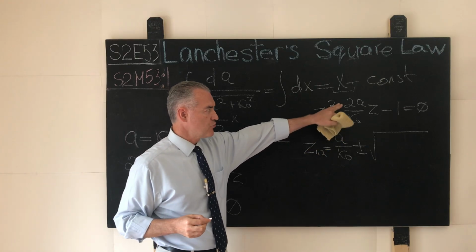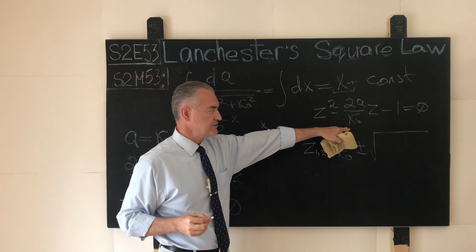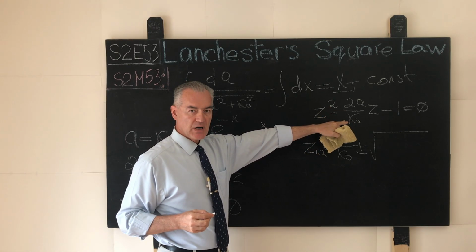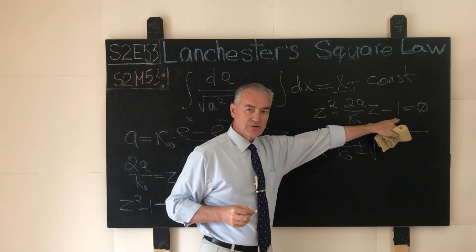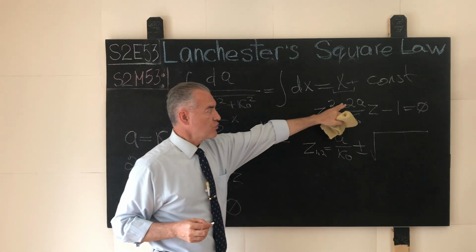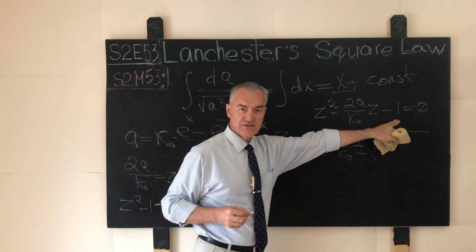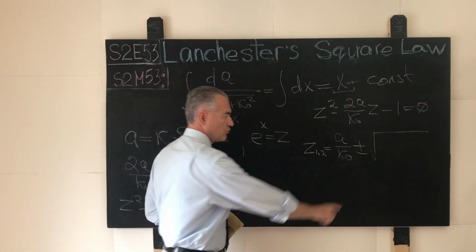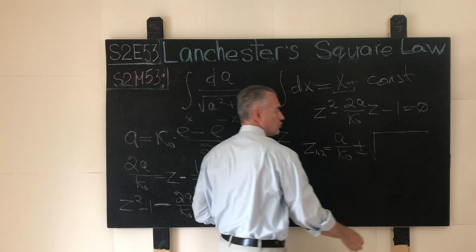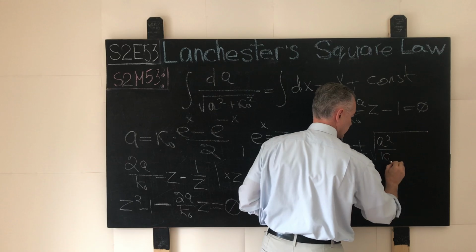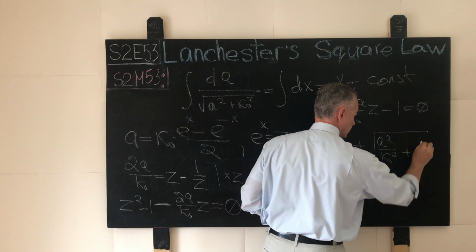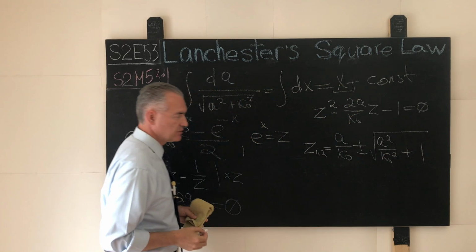B squared is 4a squared over k0 squared minus a c, negative 1, plus 4. 4 over here, 4 on the other side carried out. It's caught over here by divide by 2. And what do we have? A squared over k0 squared plus 1. Game over. How complicated is that?